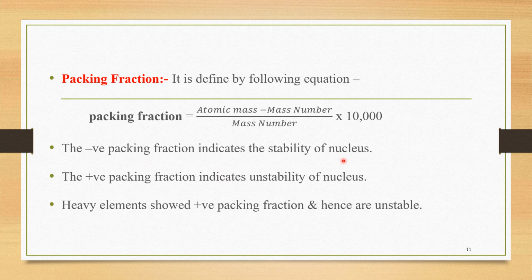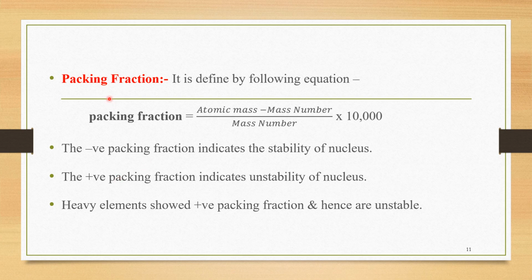So if the packing fraction has a negative value, that nucleus is called a highly stable nucleus. The positive packing fraction indicates instability of the nucleus, while heavy elements show positive packing fraction and hence are unstable in nature. So whether the packing fraction is negative or positive, we get the respective conclusions from it.